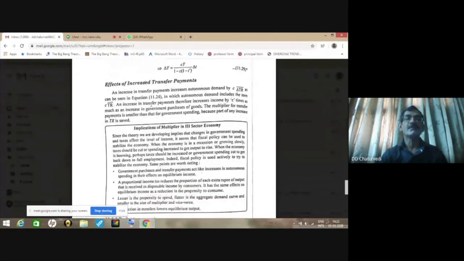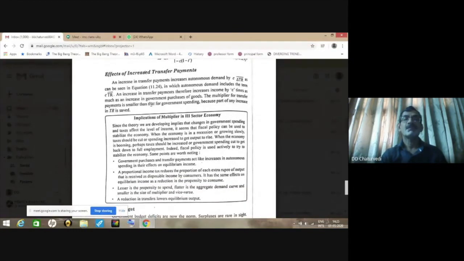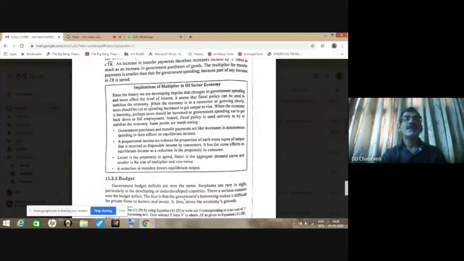Now, before proceeding to the next subsection, I'm going to give you the implications of the multiplier in the 3-sector economy. These implications are given in a box which is before you. The first implication is that government purchases and transfer payments both act like an increase in autonomous spending when we study their effects on the equilibrium income.